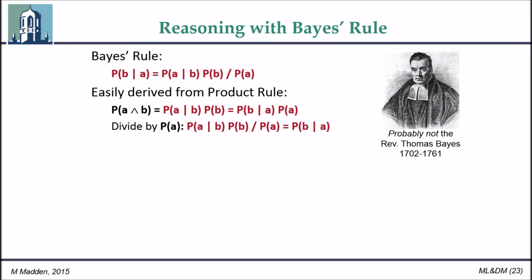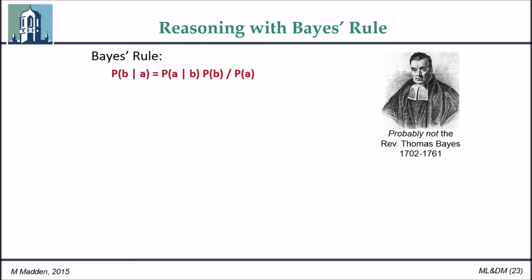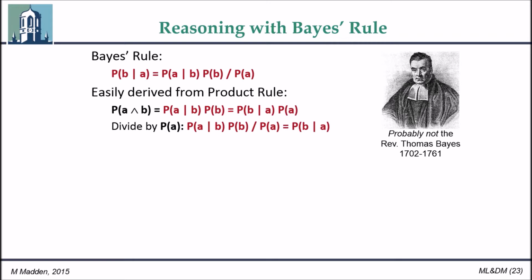The product rule says the probability of A and B is equal to the probability of A given B multiplied by the probability of B, and because A and B is the same as B and A, it's equal to the probability of B given A multiplied by the probability of A. We can simply divide across by P of A to get this expression here on the second half.